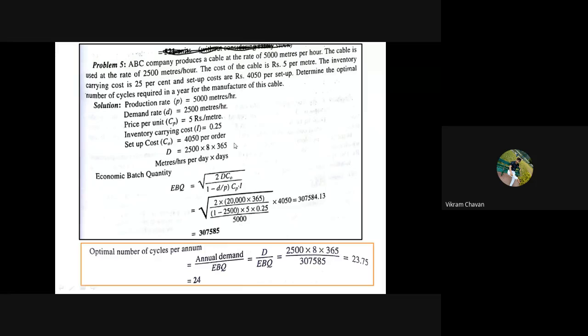So CH can be expressed as CP multiplied by I, where CP is the cost of a single product, a single cable, or 1 meter cable. CP value is provided as 5 rupees, and the inventory carrying cost percentage I is provided. So I is equal to 0.25.